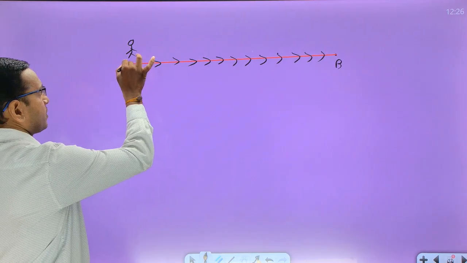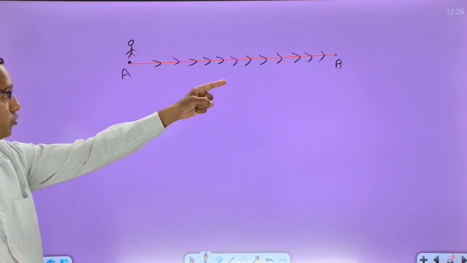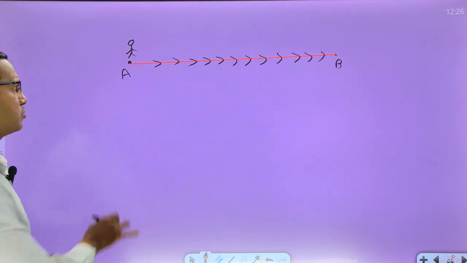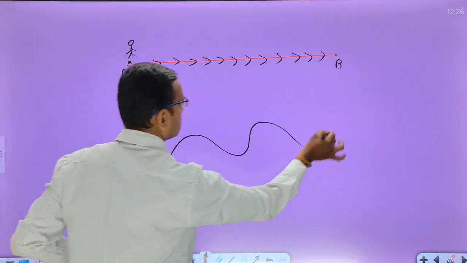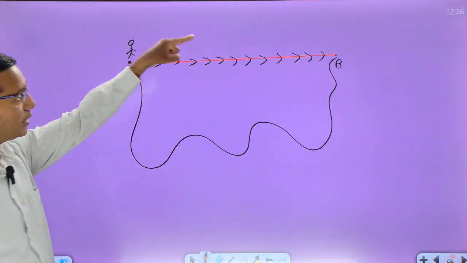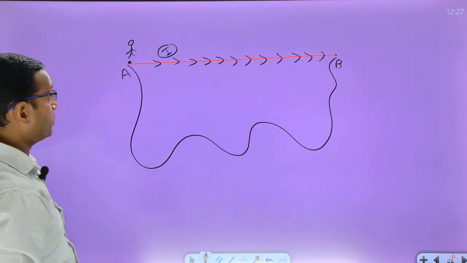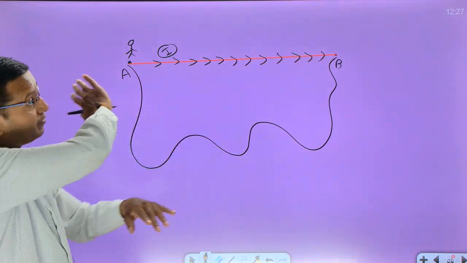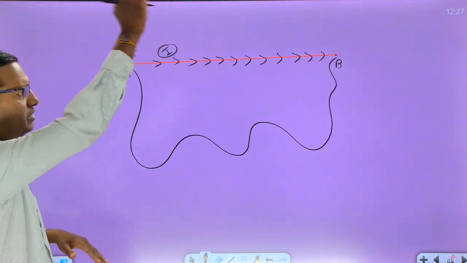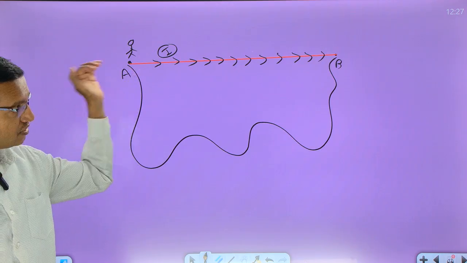Now, if I want to move to B but take a different route, A to B. So this is the first route. In the first route, I am moving in a particular direction, a rightward direction, some eastward direction. So east is nothing but a direction.